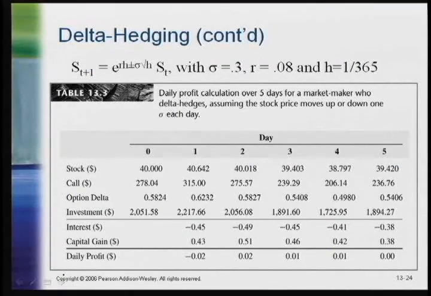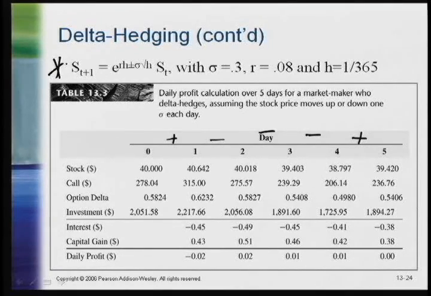And we can see here, this is a table from the book where in each day stock prices were moved plus or minus 1 standard deviation. So in the first day we have a plus 1 standard deviation. In the second day you see the prices went down 1 standard deviation. In the next day down again and then up. So that's the sequence of pluses and minuses in this formula here for the stock price.